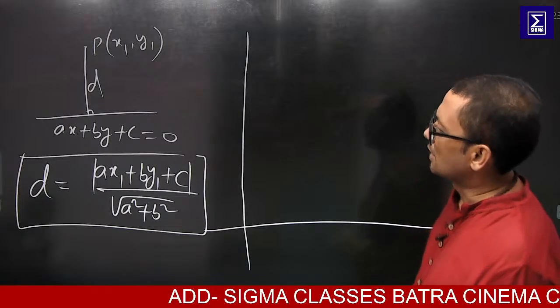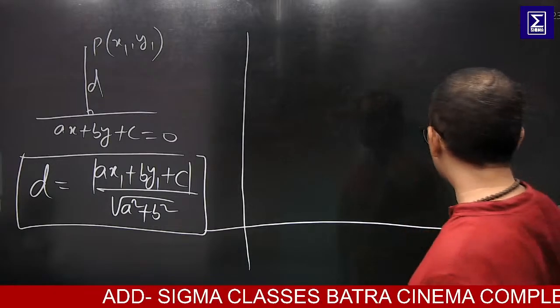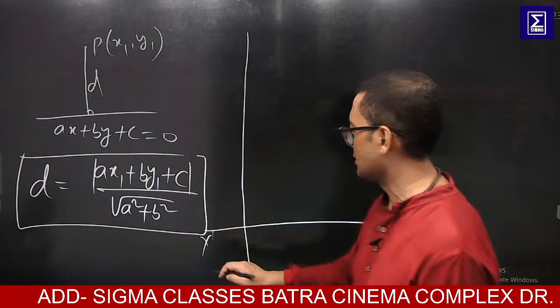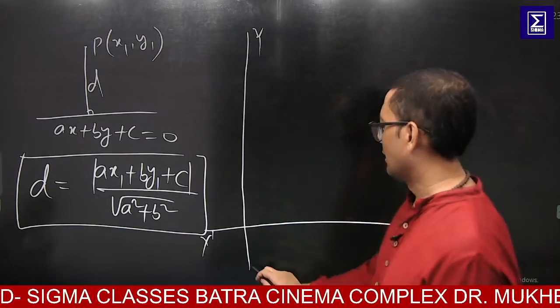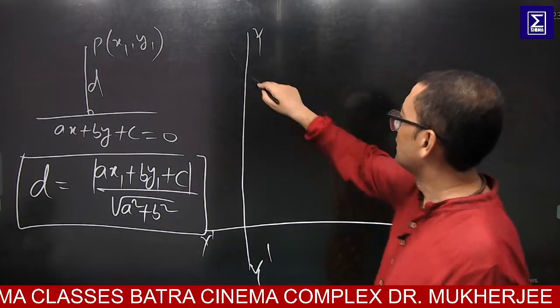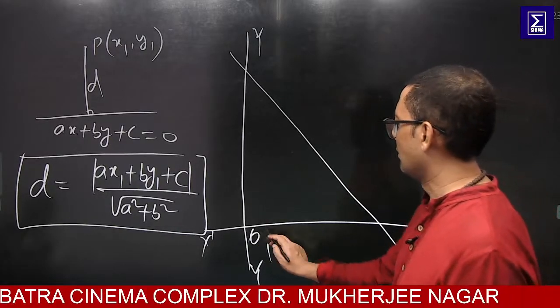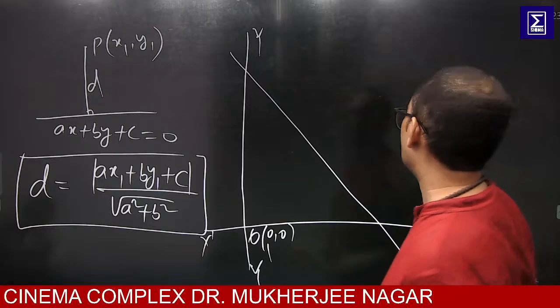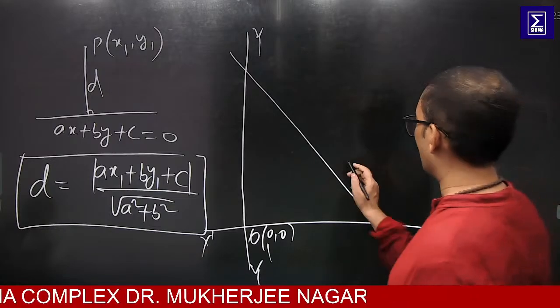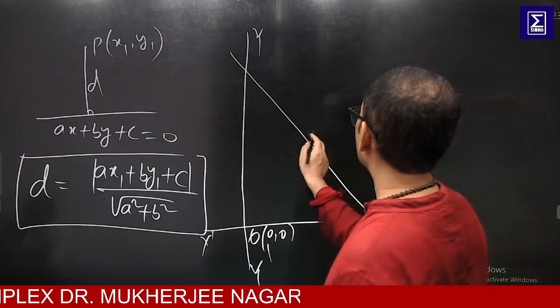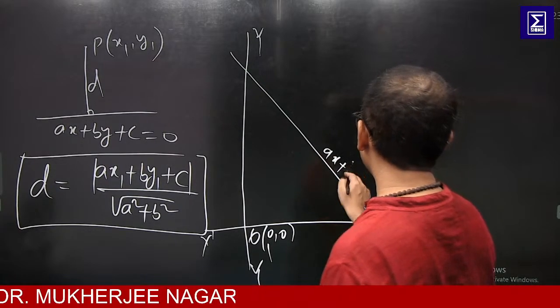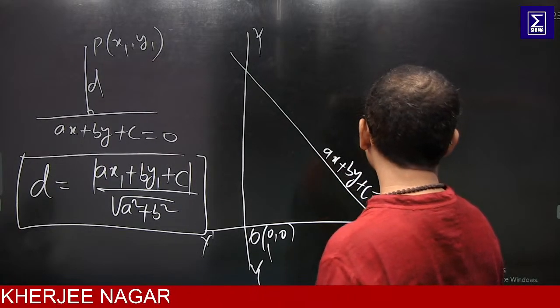So how shall we prove this formula? We will take this coordinate axis x, x dash, y, y dash. This is the straight line. This is the origin O, 0 comma 0. The equation of this straight line is ax plus by plus c is equal to 0.